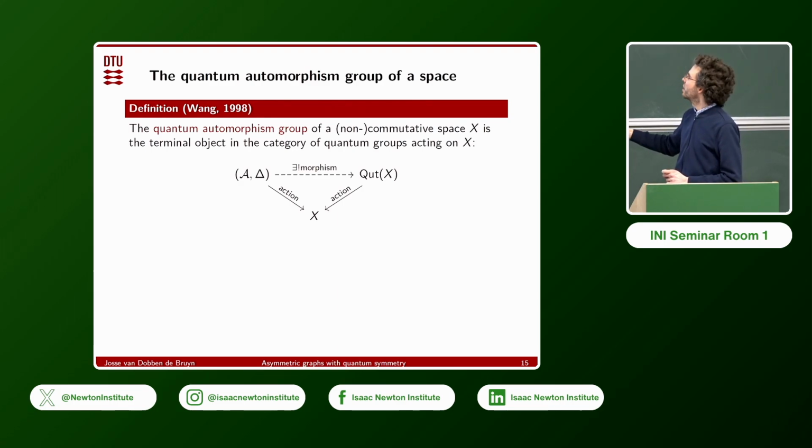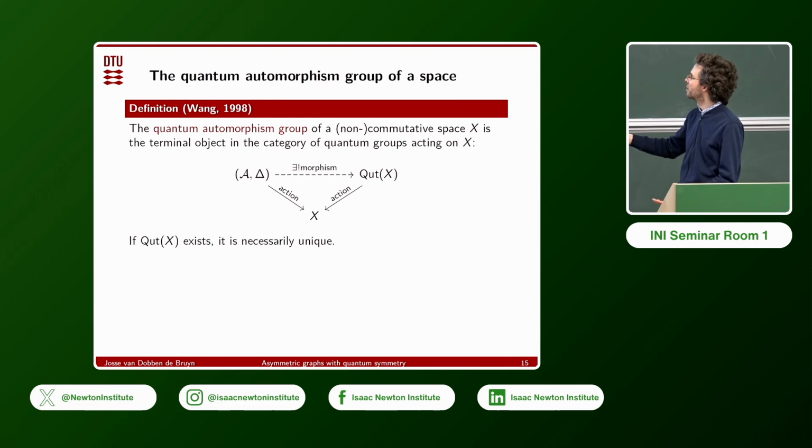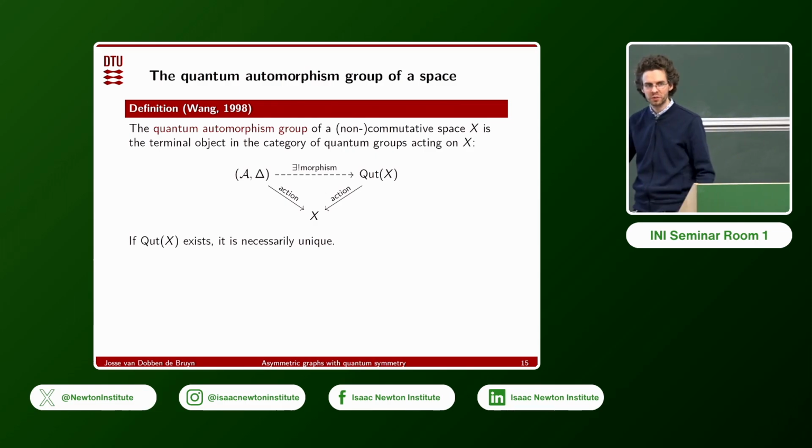And then if there is a terminal object in the category of quantum groups acting on X, then we call that the quantum automorphism group of X. The terminal object just means that whenever something acts on X, then there is a unique morphism from that compact quantum group to the quantum automorphism group. And by standard category theory arguments, it's trivially easy to see that this must be unique if it exists. You need to show that it exists.